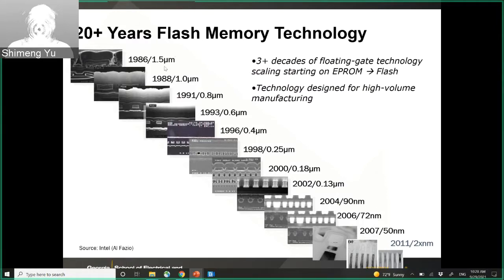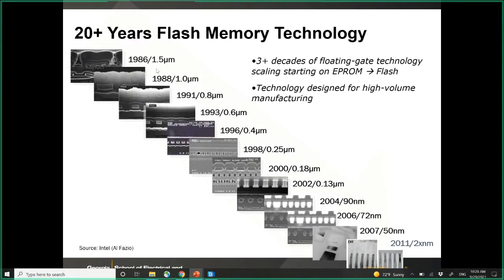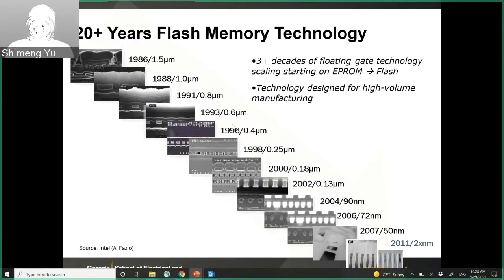Here this number means the physical dimensions of the transistor. In 1986 it was 1.5 micrometer. And in 2011, 10 years ago, it had already shrunk to 2x, meaning around 27, 28 nanometer. So this is very aggressive scaling over the years by the industry.